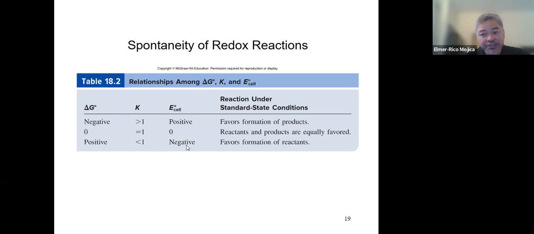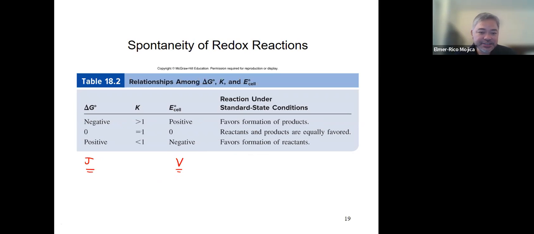If you look at the units, delta G is usually in joules, and the cell potential is in volts. K has no unit, because K is just a ratio of the products over the reactants. The joules is in the delta G because it's an energy, and the cell potential is in volts because that's the potential. Under this condition, this is what you observe.